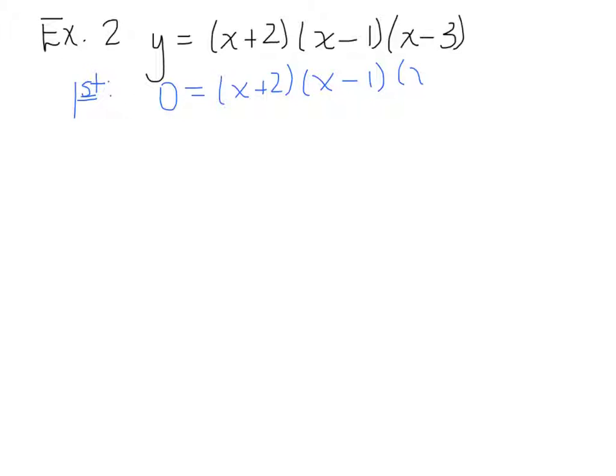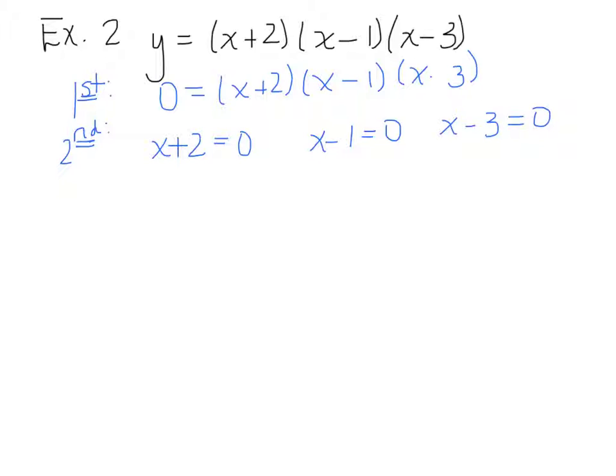This is after everything has been factored. And then you're going to set each of your factors equal to 0. Like this. So here, and then you solve for x equals -2, x equals 1, and x equals 3.